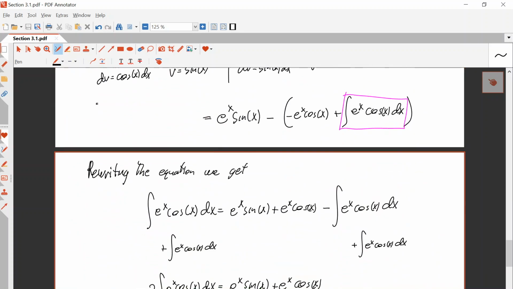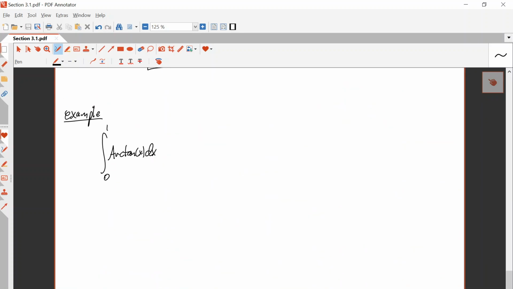So if you just have a single function by itself, sometimes you can do something like this and it'll work. So you want to let u equal arctangent x and dv be just 1, which is a polynomial, a constant polynomial of degree 0.